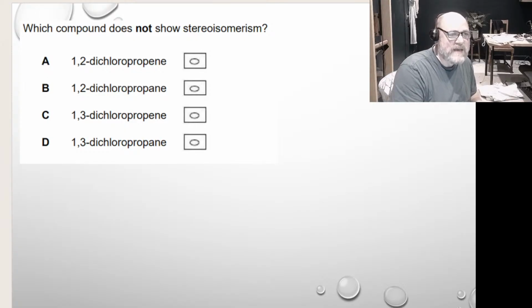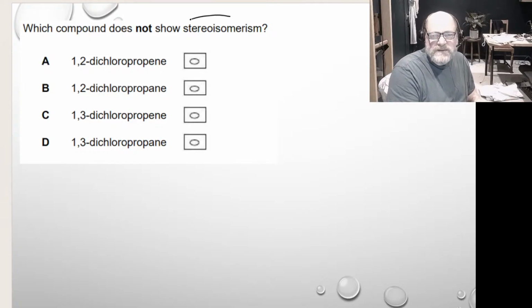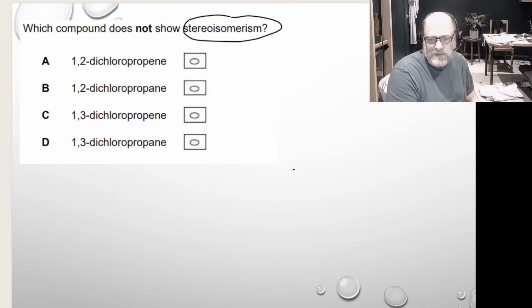Hold on a minute. You're saying A can't do it. Let's check it out. This question is a bit naughty of me because I think this is including optical isomers, but let's have a little look. So we've got propene, and 1,2-dichloropropene.